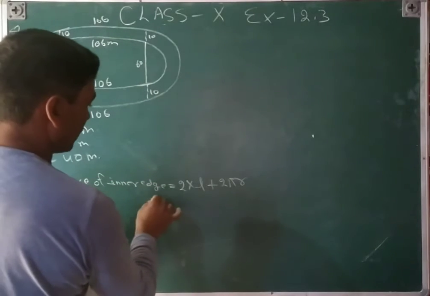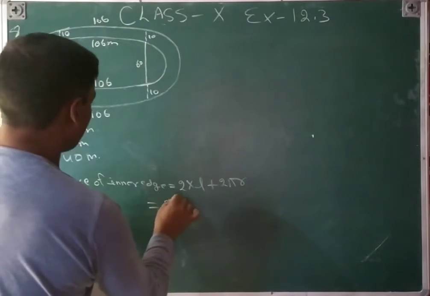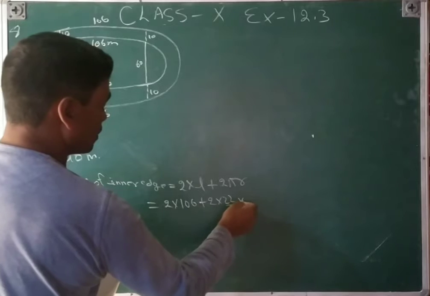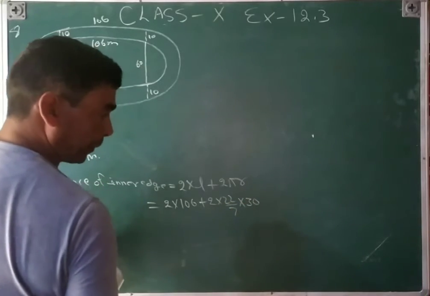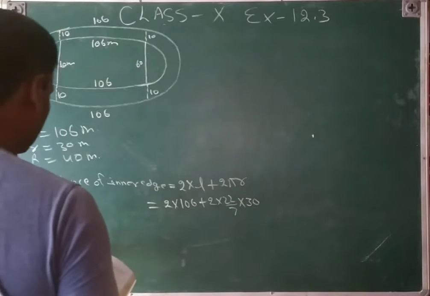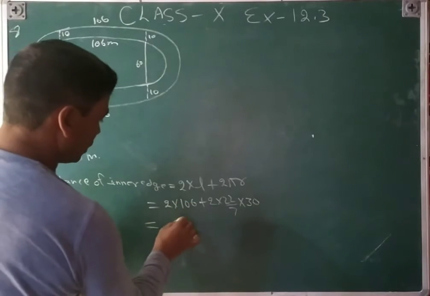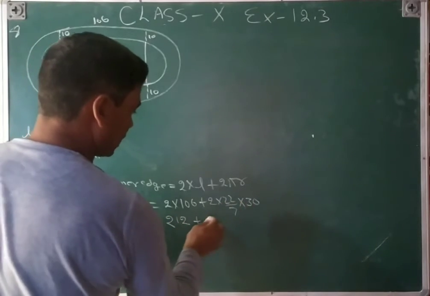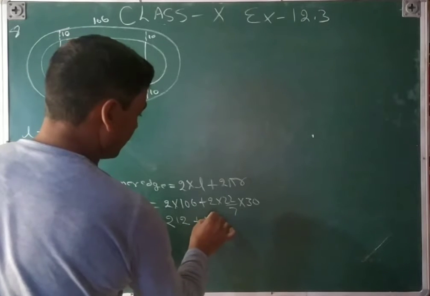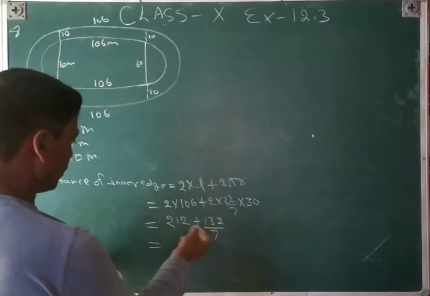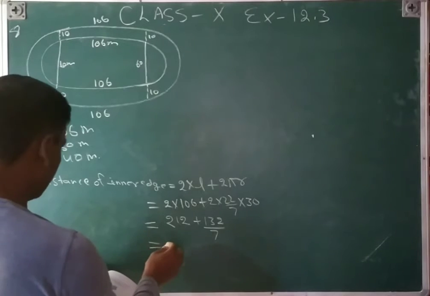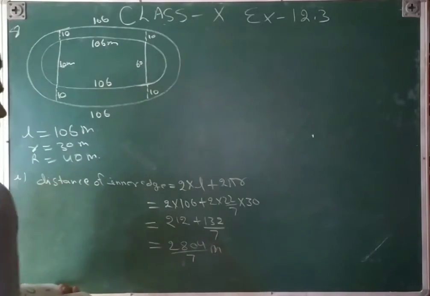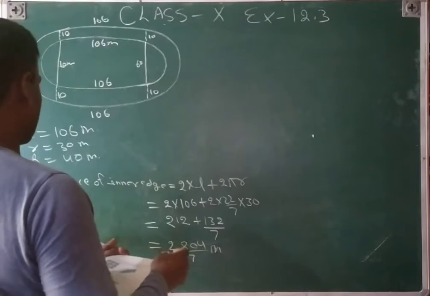So 2 into 106 plus 2 into 22 upon 7 into 30. So the calculation of both will be 2804 upon 7 meter. This is the length of inner edge.